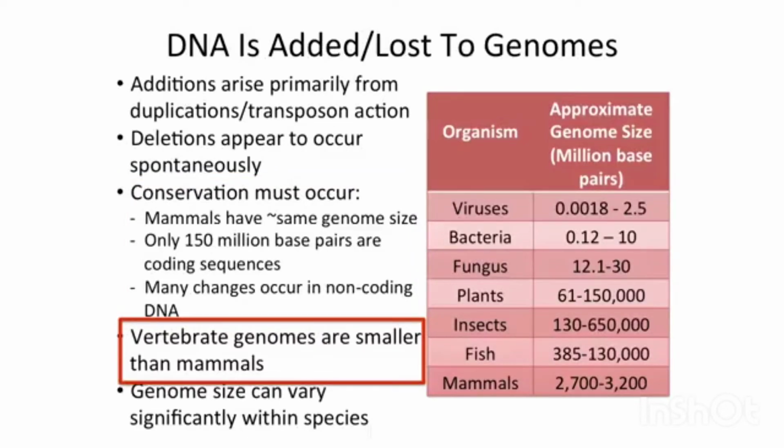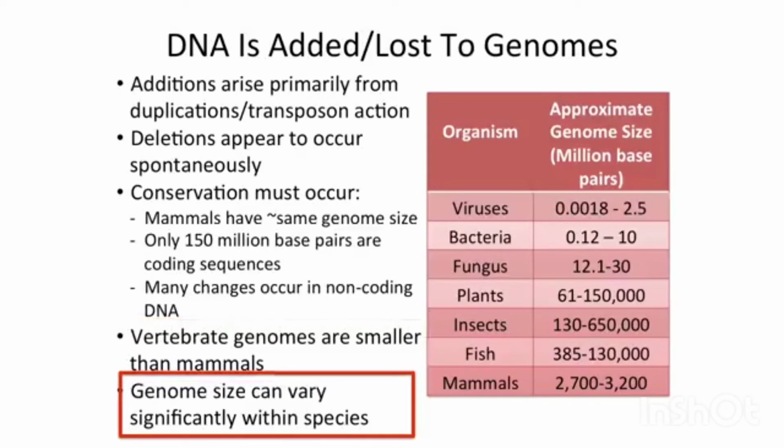Most vertebrate genomes are smaller than mammals, but the largest genome known is for locusts. So there is substantial variation, and care must be applied to making predictions regarding genome size. The variation in insects from 130 million base pairs to 650,000 million base pairs illustrates how significantly genome size can vary.